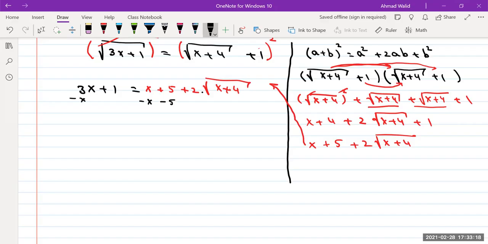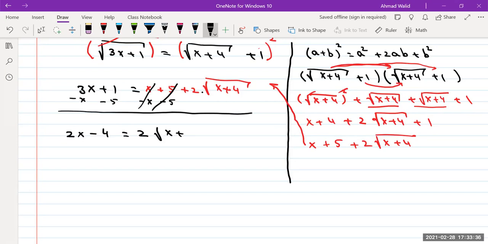Here, minus x minus 5. 3x minus x gives you 2x, and positive 1 minus 5 gives you negative 4, equals 2 radical x plus 4.